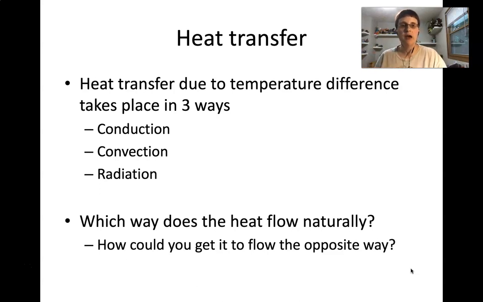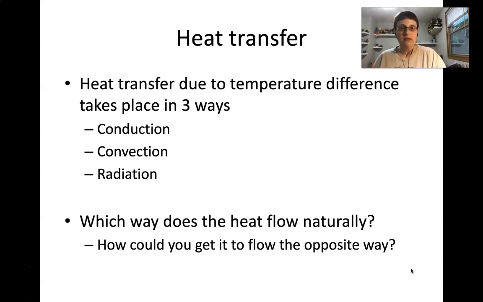How could you get it to flow the opposite way? You could get it to flow the opposite way if you do work. This is actually how refrigerators and freezers work. We're able to make refrigerators and freezers cold by applying energy. So we have to keep them plugged in and applying electricity in order to reverse the heat flow.